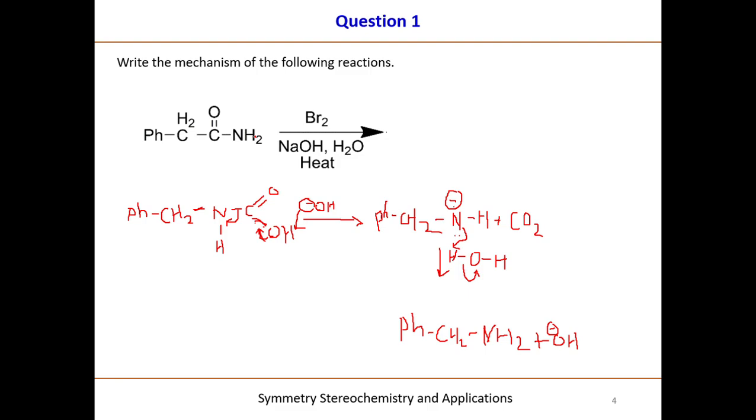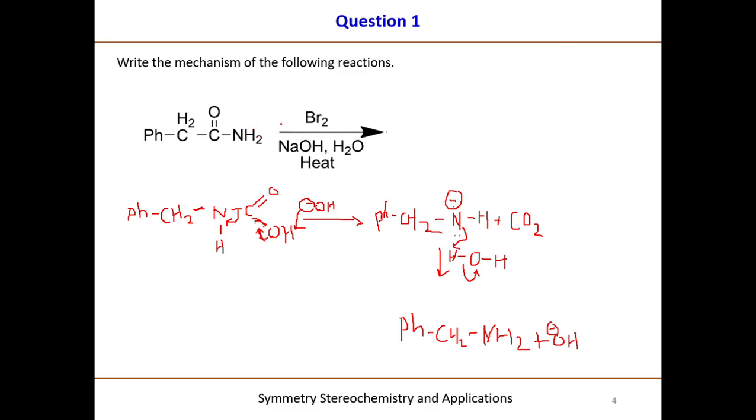Then the second step was deprotonation followed by the migration of the alkyl group. So in the first step, deprotonation followed by nucleophilic attack took place.